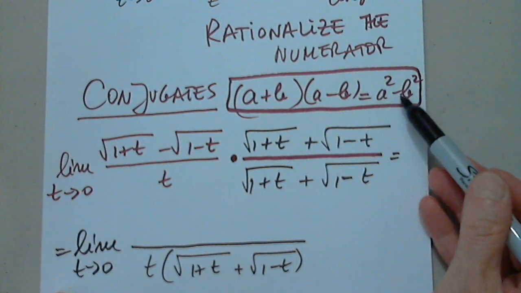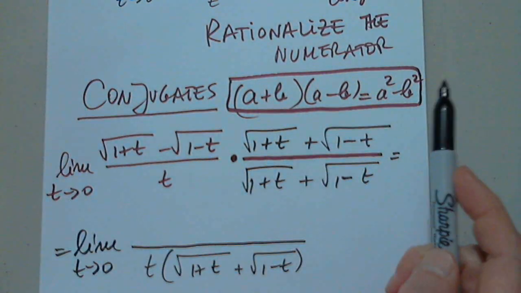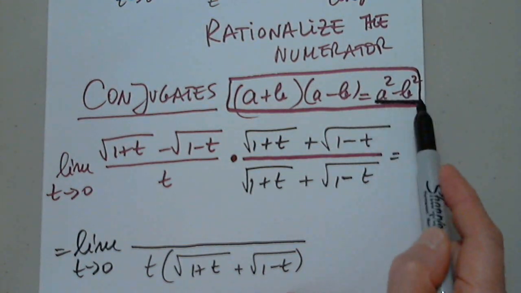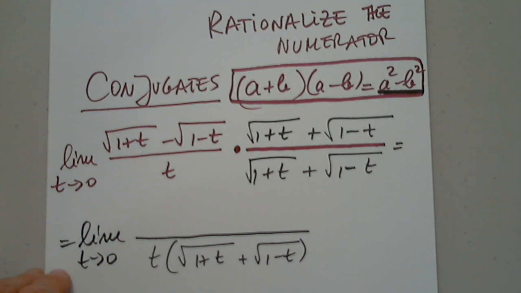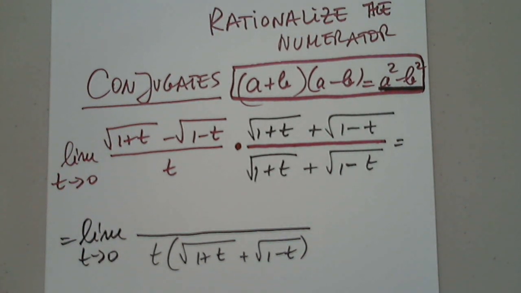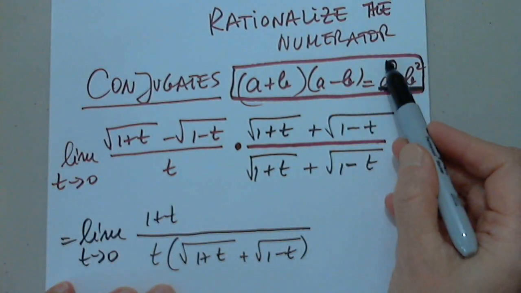But now, can anyone give us the numerator? And this is the formula we're using. Please do not distribute or do anything. We are using the formula. 1 plus t, that is correct.